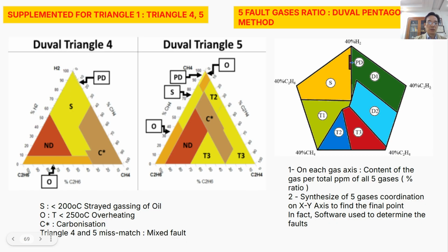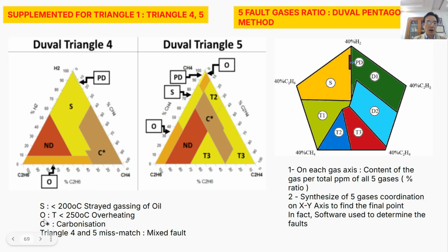Similarly, do the analysis as in triangle number 1. We can have some detailed information such as stray gassing in oil. Stray gassing is generated from the oil, not because of the fault.